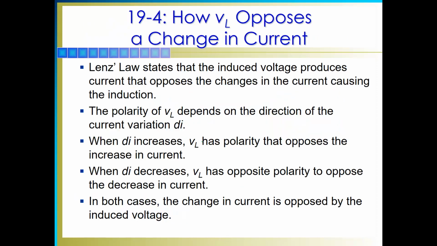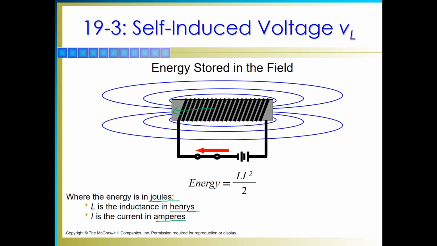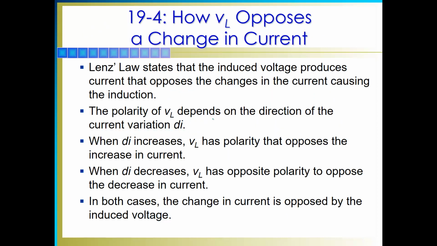Okay? And the polarity of the voltage induced by this magnetic field is the opposite of the current. It depends on the direction of the variation of the current, right?